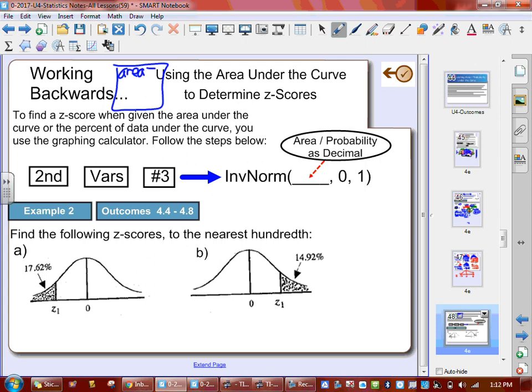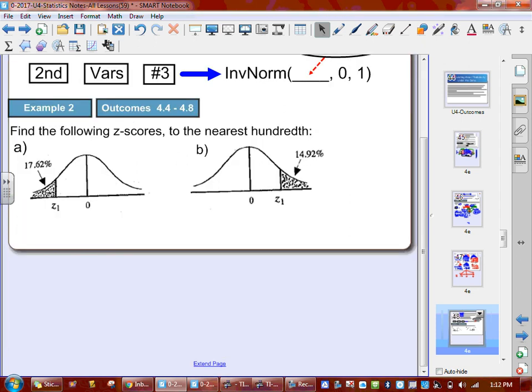Okay? If that's what it is, the area you want is the shaded portion they're giving you. However, remember, it can never, ever be given in the percentage. The percentage must be changed to the decimal. So, all percentages must divide by 100. So the number we're using here is 0.1762.